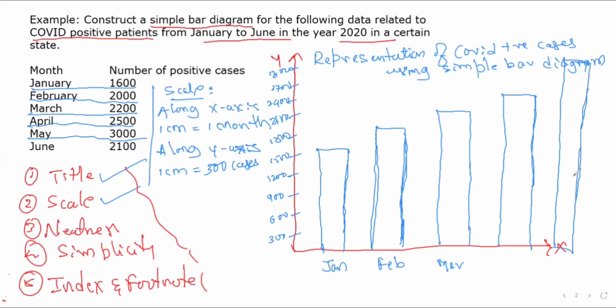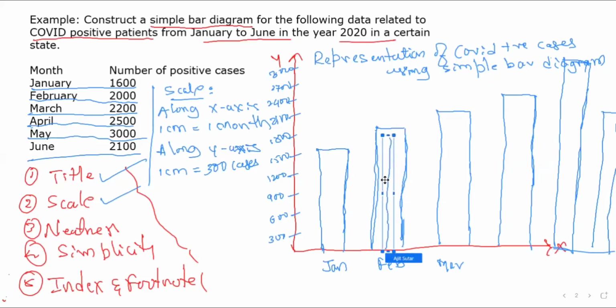Then for June 2100, right? Likewise, we draw a simple bar diagram, right? Let us assume it's neatness and simplicity.